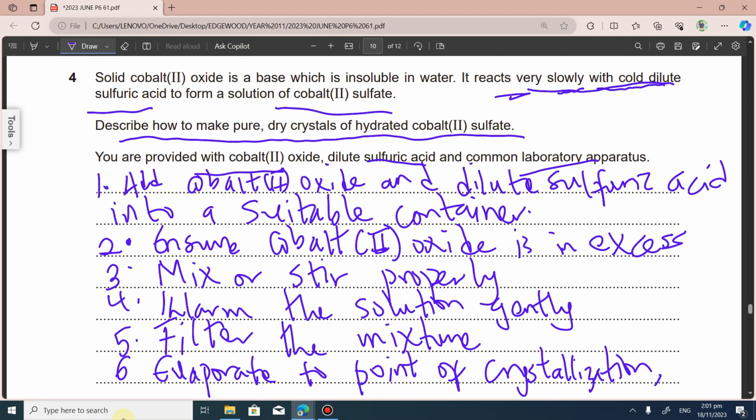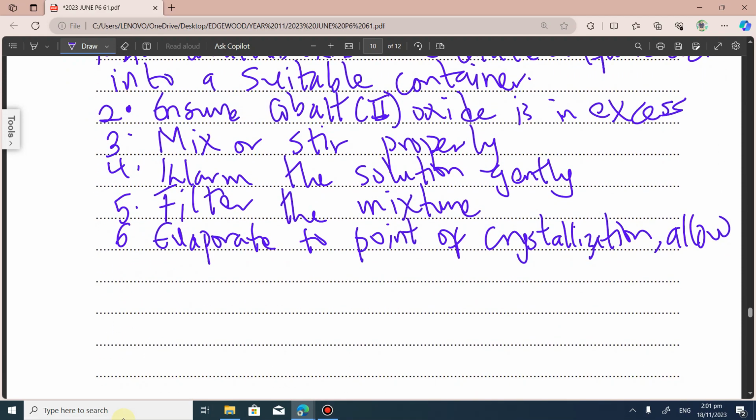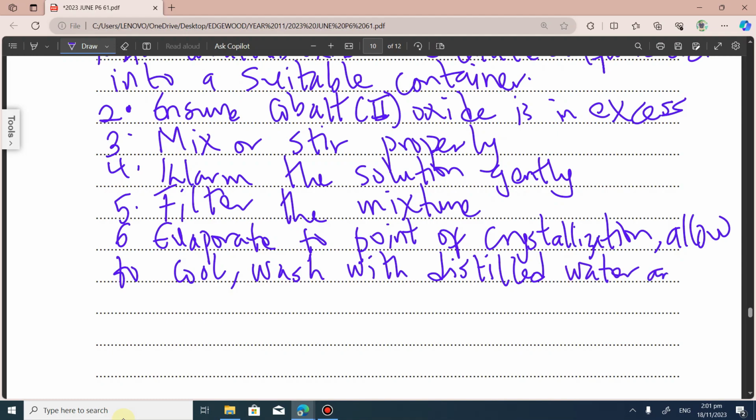After evaporating to the point of crystallization, allow to cool, wash with distilled water, and dry.